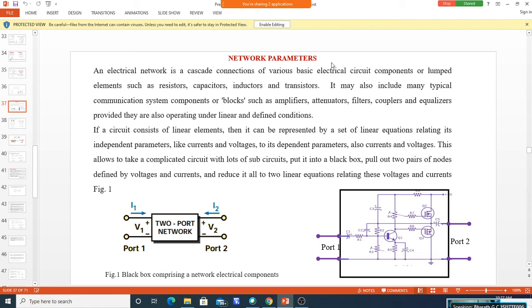So network parameters. We studied till now networks like a resonator. A resonator also behaves like a band pass filter, and similarly you can have filters, attenuators or phase shifters. These are all RF and microwave networks.